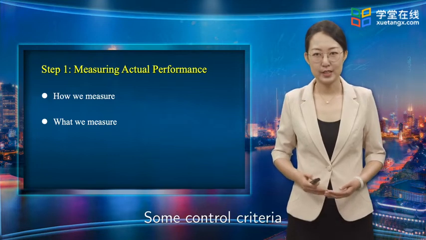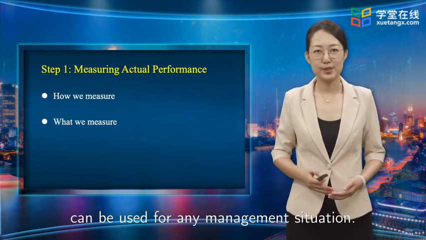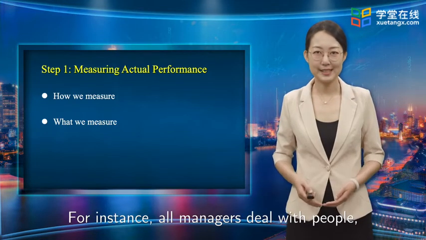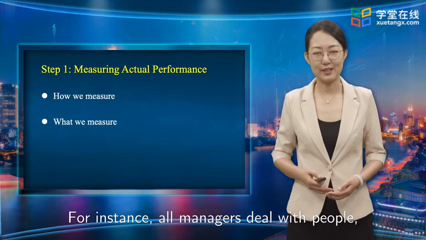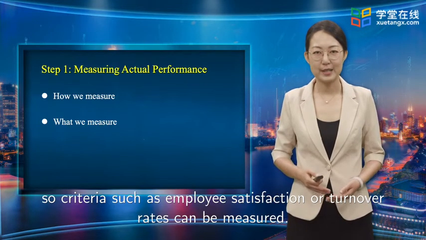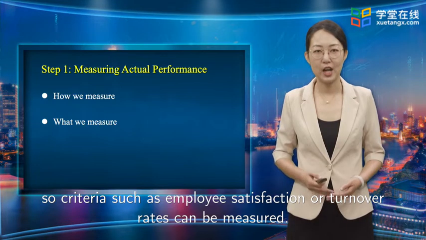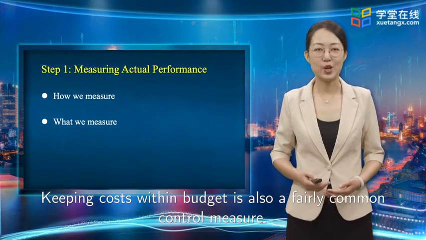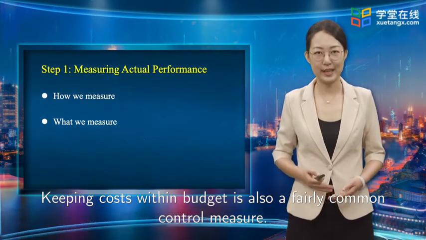Some control criteria can be used for any management situation. For instance, all managers deal with people, so criteria such as employee satisfaction or turnover rates can be measured. Keeping costs within budget is also a fairly common control measure.